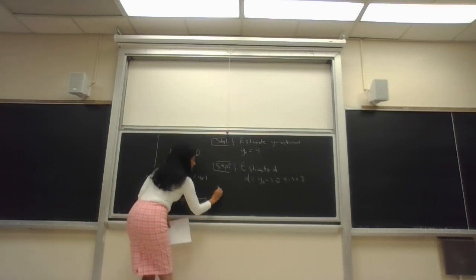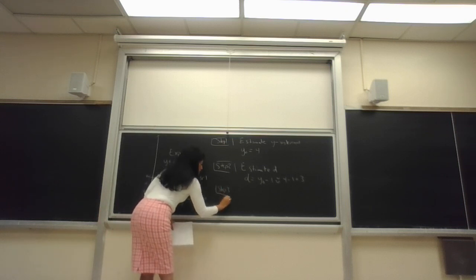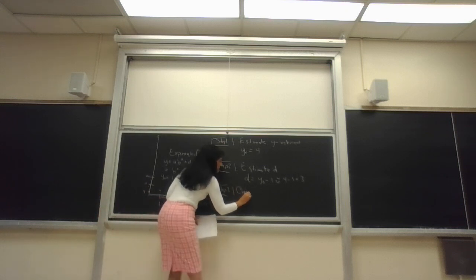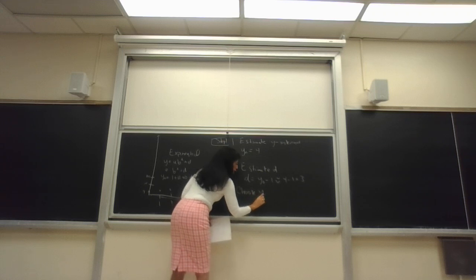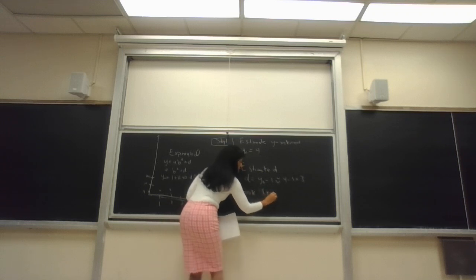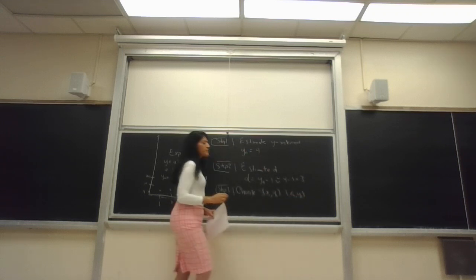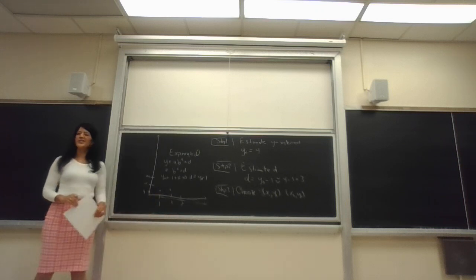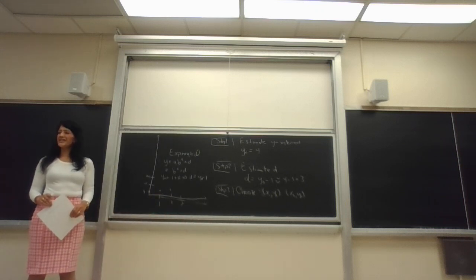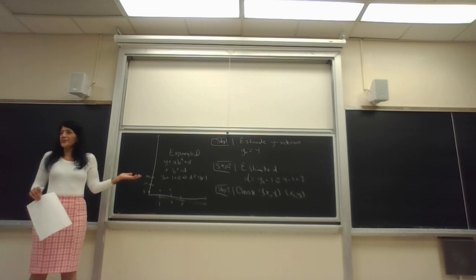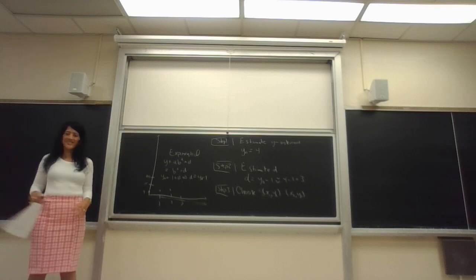Then step 3 is to choose 2 points, x1, y1 and x2, y2. I chose my x1 and x2 to be 1 and 2, because then x2 minus x1 is just 1, and your root is not a real root. There is no root.